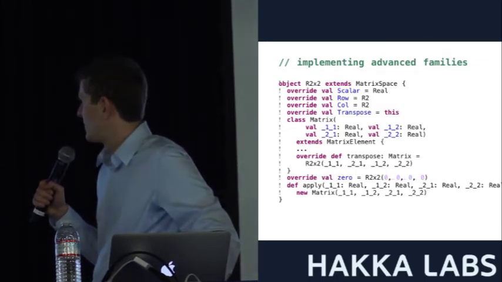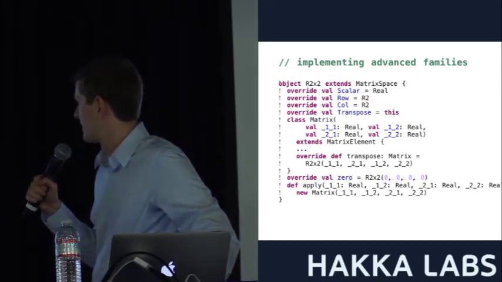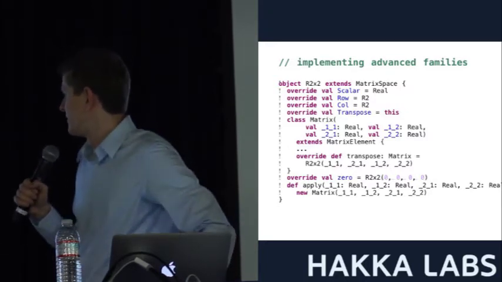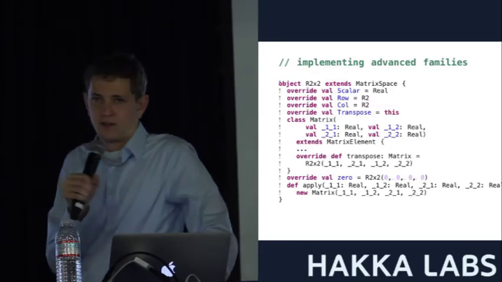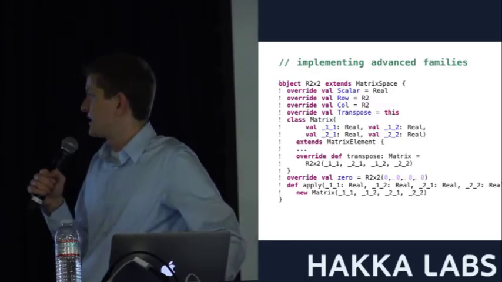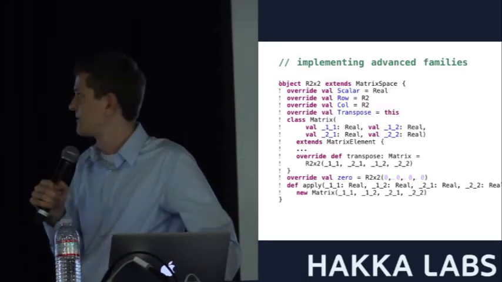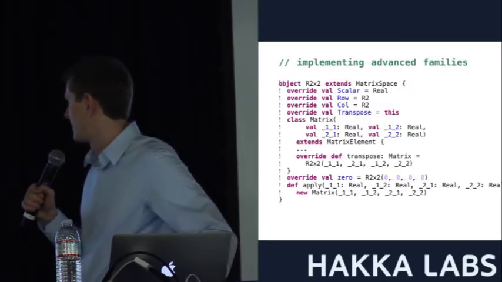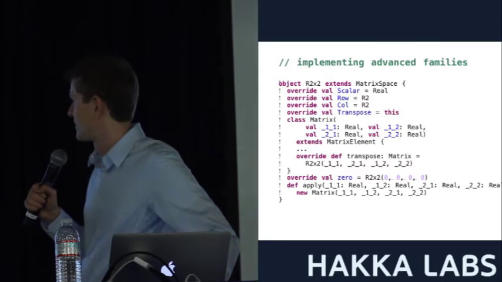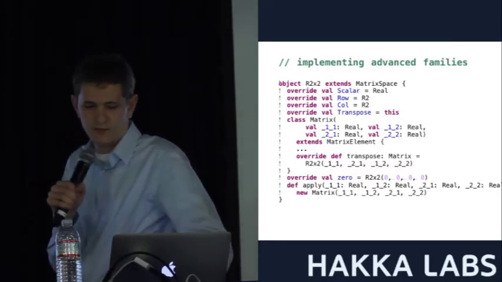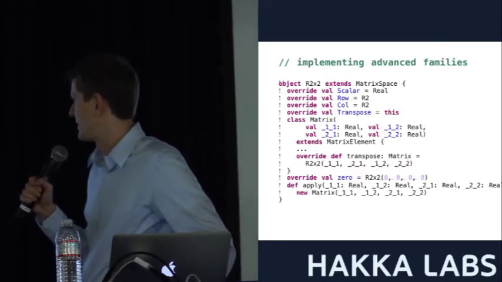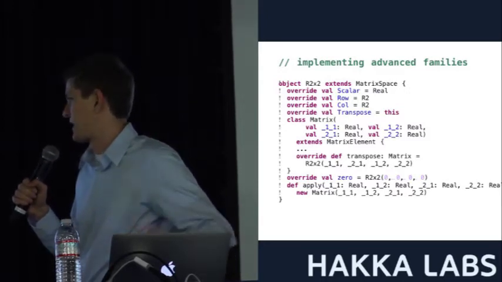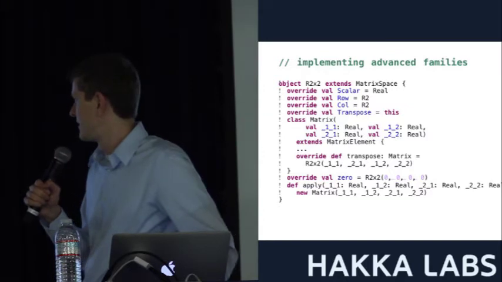And we can implement the interface with that real field again. Remember that value types, no boxing, nice and efficient. We'll have our factory method out there, so we can use this r2.2, treat it like a constructor. Have our zero matrix. You would also have identity in practice.